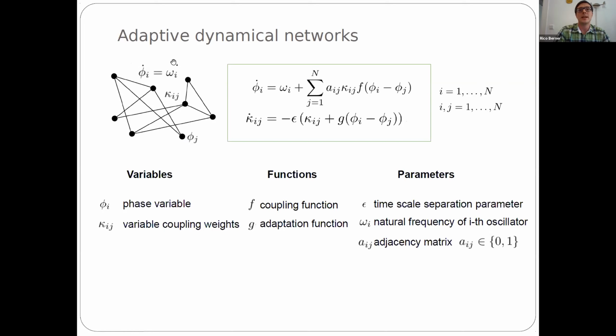The individual dynamics of each oscillator is just given by its natural frequency, omega I. Then we have a coupling between the oscillators given by a coupling function. We have coupling between neurons or phase oscillators depending on whether the element A_ij of the adjacency matrix is 0 or 1, and a coupling weight scaling this interaction.